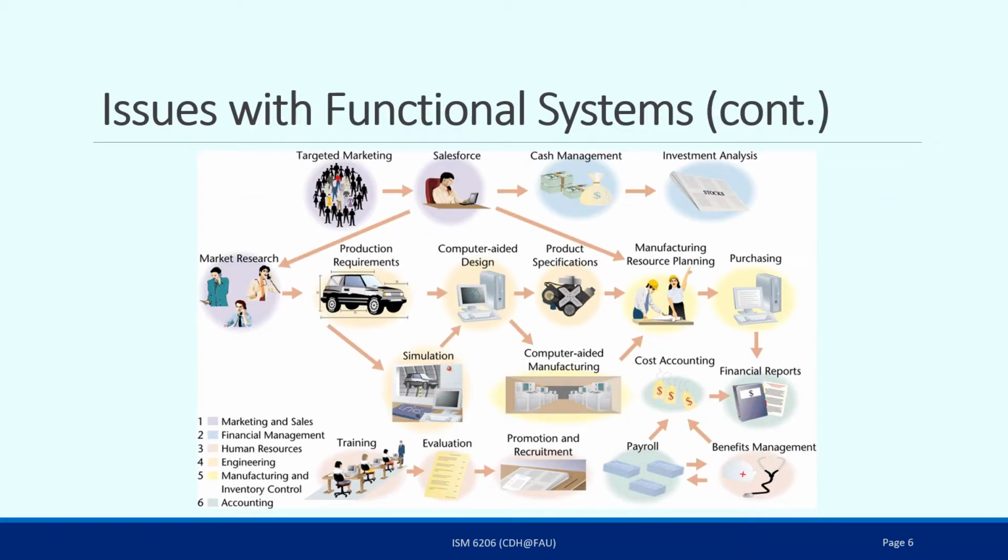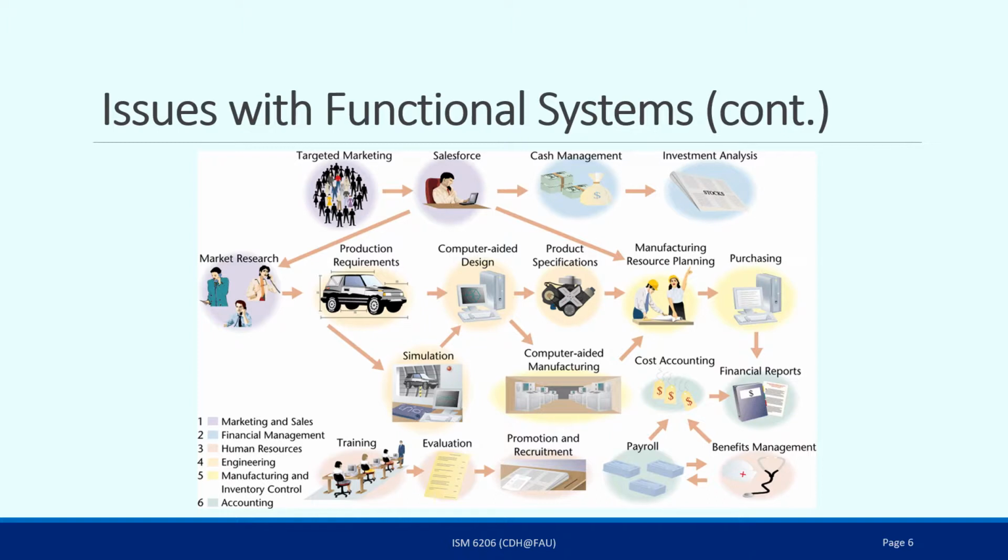That wouldn't be a significant problem if each department works separately. But as this one example shows, all of the departments are actually working with other departments at the same time. So there's a lot of interaction among all the different departments.